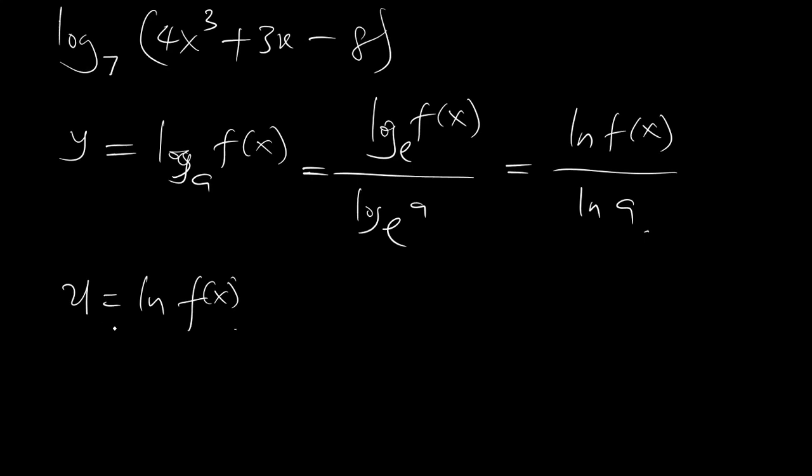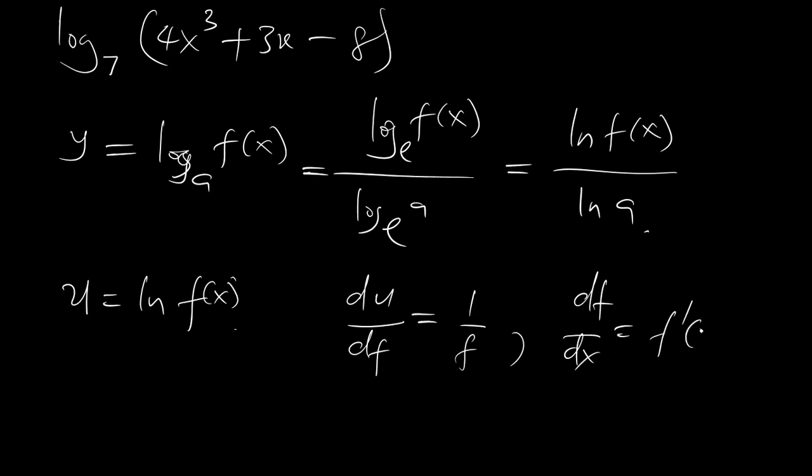Now the derivative of this, du/df, is equal to 1 over f, while df/dx is f prime of x. Now du/dx is equal to du/df times df/dx.